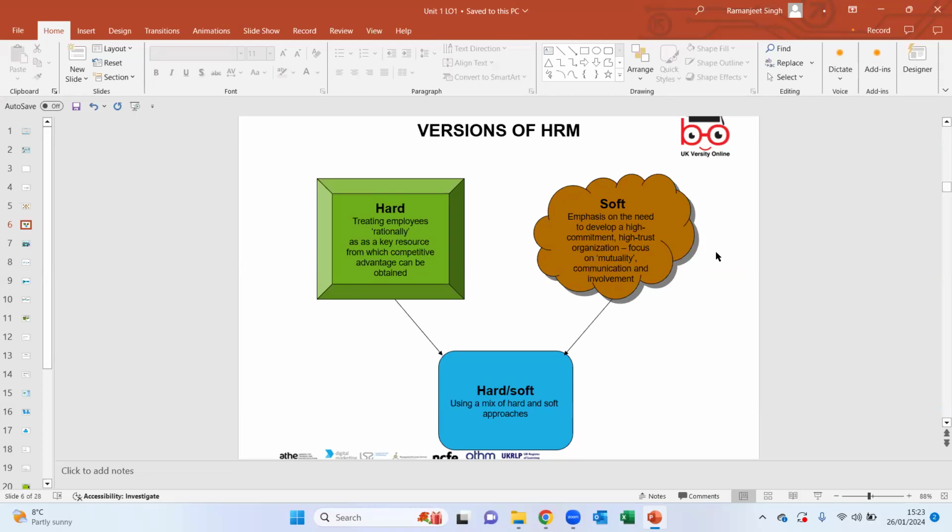If you think about hard HRM, let me give you an organization example. Say an organization is an IT organization following a hard HRM approach. What happens in that IT organization is that all of the work is more task focused instead of employee focused.